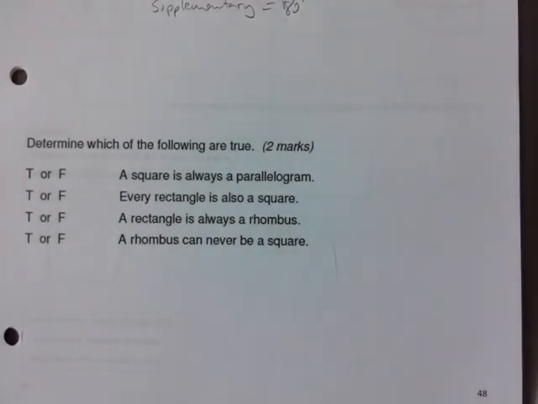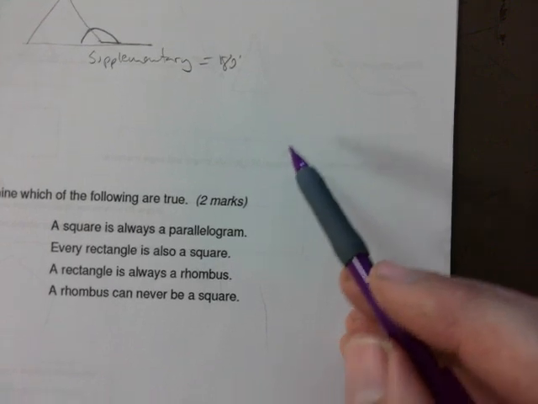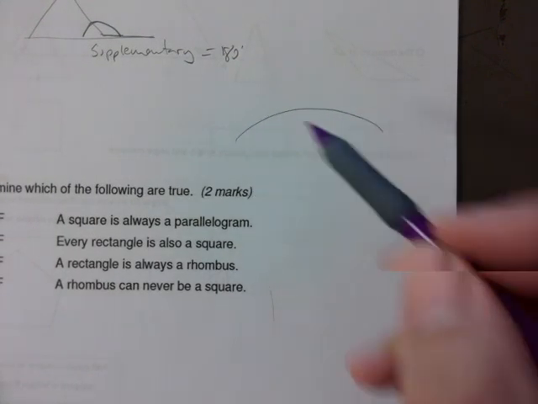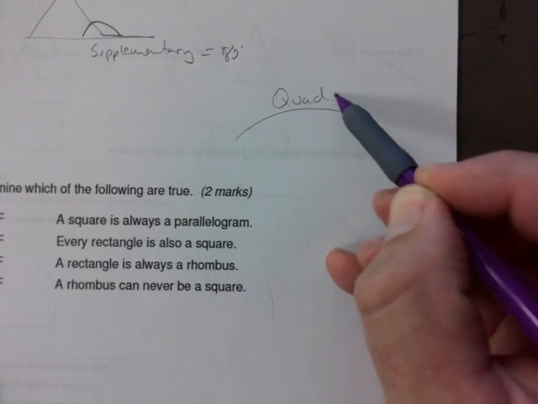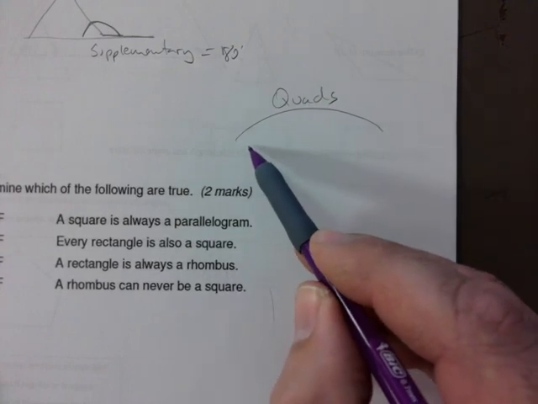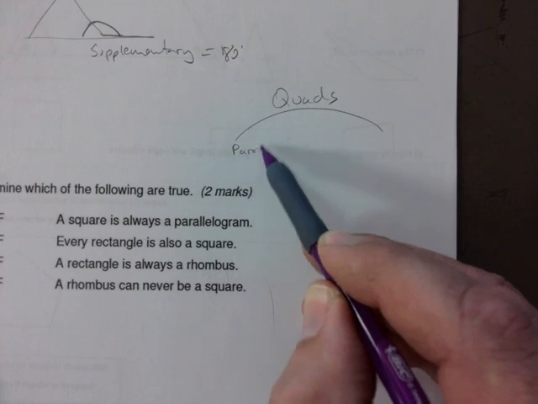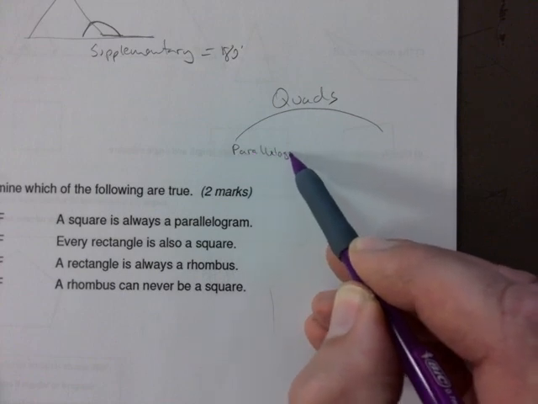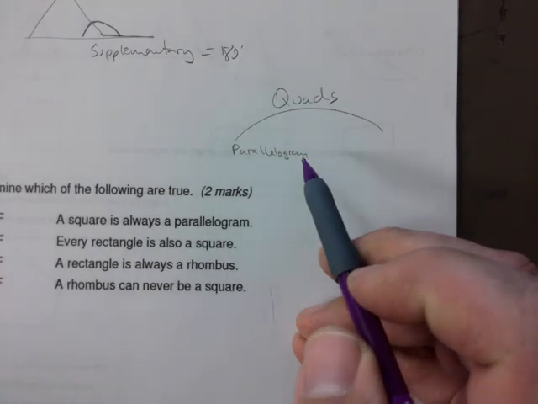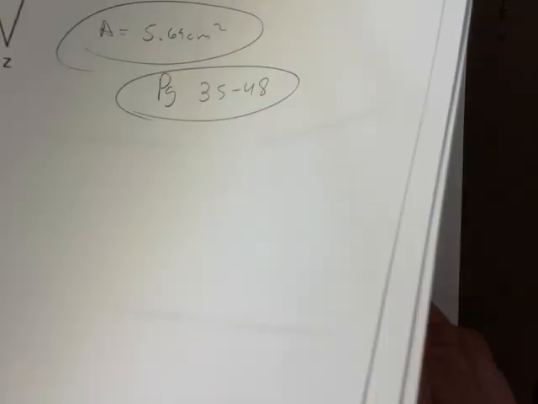For true and false, okay, imagine this. We've got quads in general. And then I gave you a bunch of, there was the parallelogram. I'm looking back, sorry, I have to look back myself here. Make sure I don't mix them up.